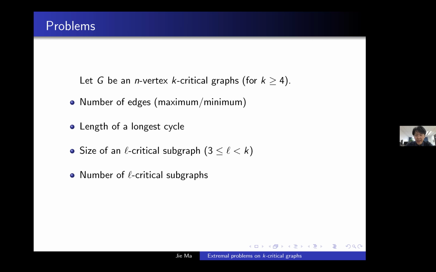In general, we can study any L-critical subgraph where L is between 3 and k-1. We can also ask, if there are many, how many of those subgraphs? But later we're going to see that many of those problems are still widely open. This is an area which is underdeveloped.